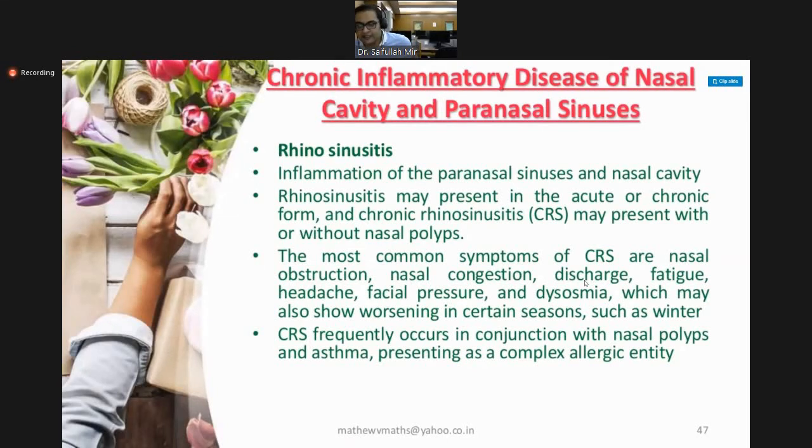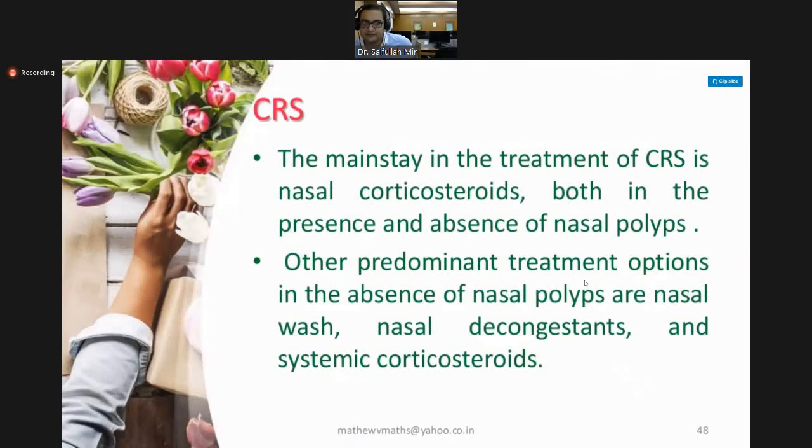So the same symptoms for greater than 90 days is chronic rhinosinusitis. The mainstay of treatment in both is nasal steroids.